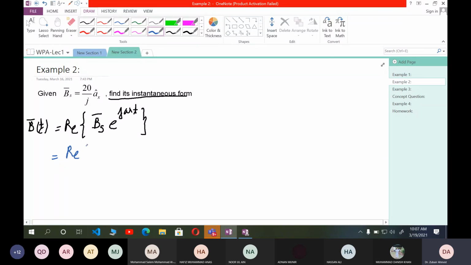We have the real part of Bs, which was 20 by j, ax unit vector, exponential of j omega t. In the next step, we can write this as minus j 20 ax exponential of j omega t.